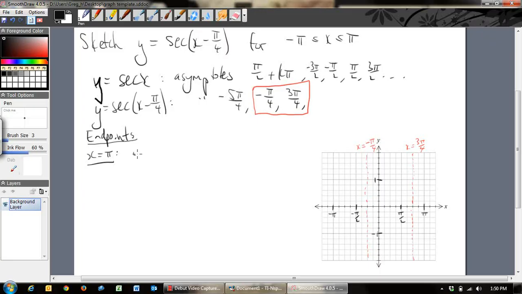When x is equal to pi, y equals sec of pi minus pi on 4, so that's sec of 3 pi on 4. Just let me check that, pi minus pi on 4, yep, that's 3/4 of pi, which is equal to 1 over cos 3 pi on 4, and I always consult my circle. 3 pi on 4 is here, which is symmetrical to that one there.